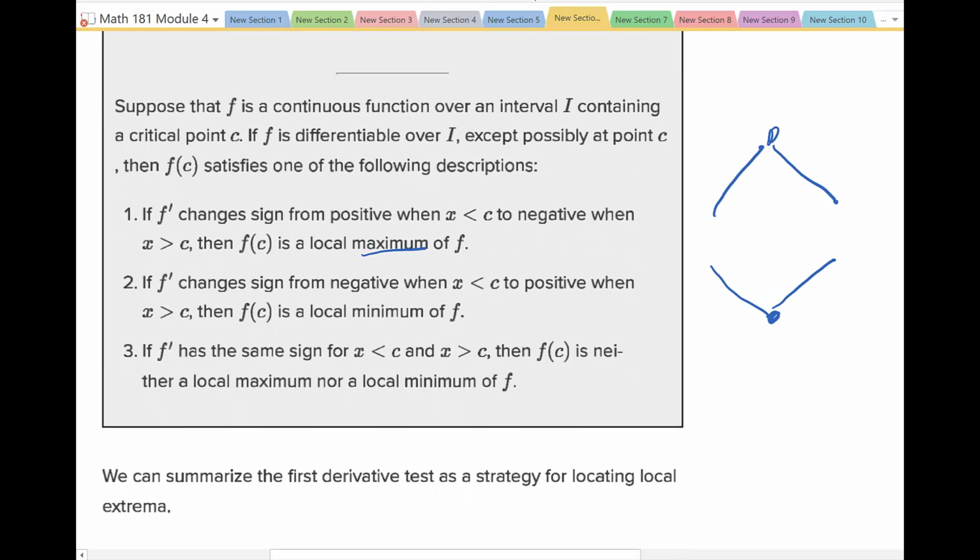And if it's the same on both parts, either both negative or both positive, then it's going to be neither a local minimum nor maximum, or it could just be a horizontal line as well. So these are the points of the first derivative test.